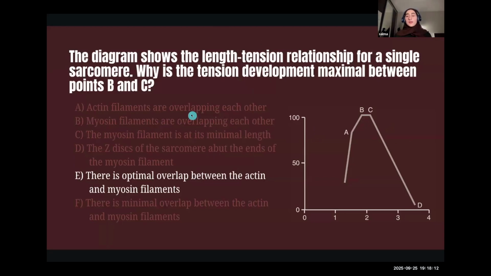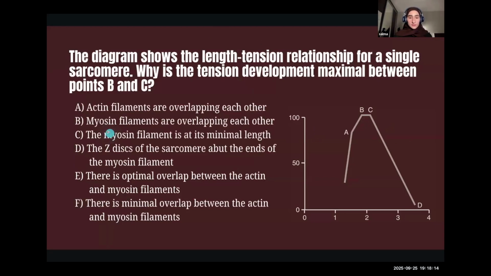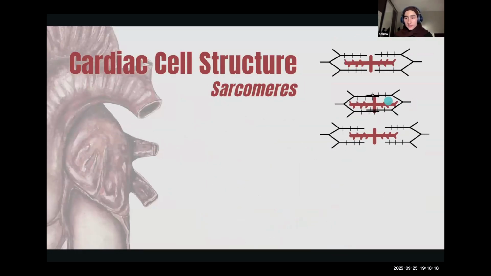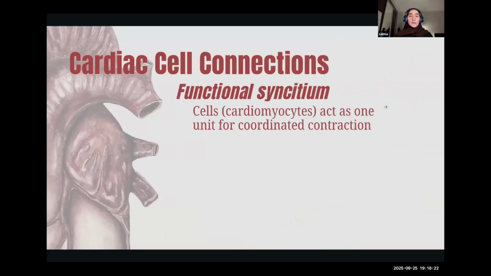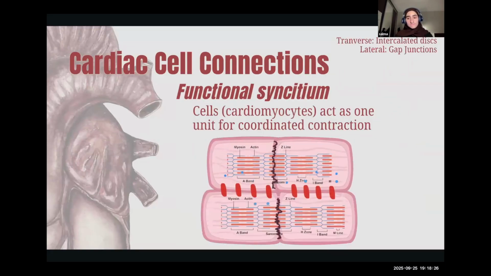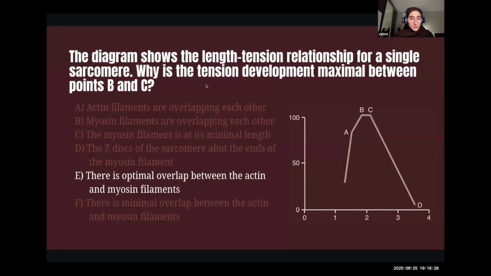Exactly, you're all correct. Visually, it's this state. As you can see, the actin filaments are overlapping, and that's not good for contraction. B was myosin filaments are overlapping. Honestly, I have no idea how myosin filaments could possibly overlap.